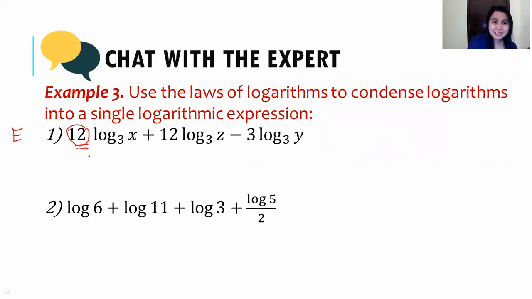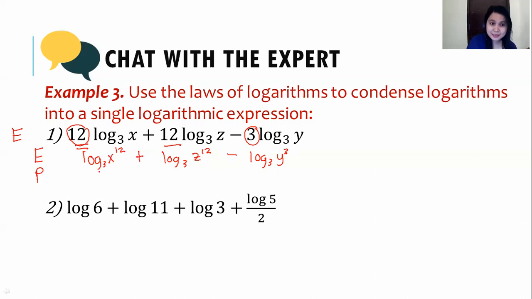Ready? Log 3 of x to the power of 12 plus exponent log 3 of z to the power of 12. Next, minus log 3 of y to the power of 3. We are done with the exponent. Next, you go to product next.